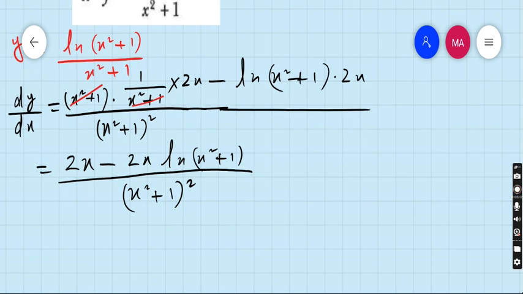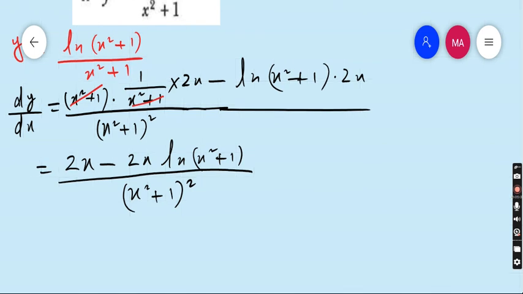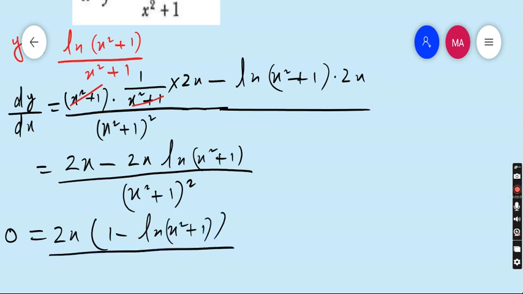Now replace dy/dx by 0. And taking 2x from the numerator, 1 minus ln(x² + 1) upon (x² + 1) whole square.